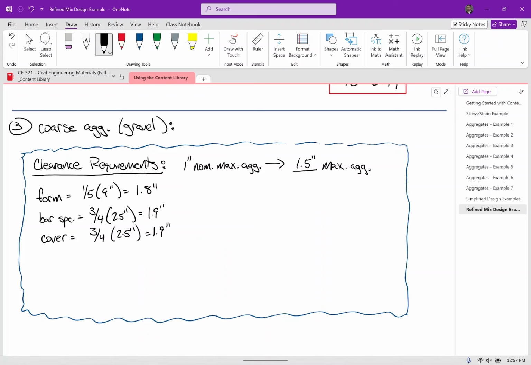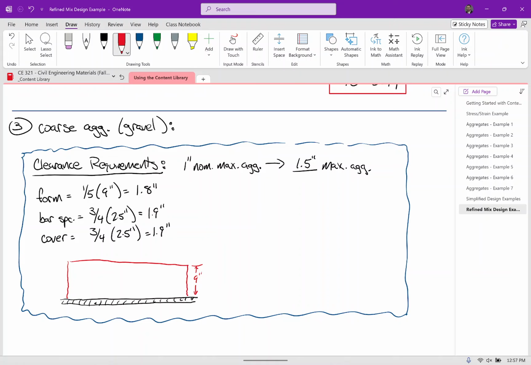So, just to be clear, here's what's going on. Let's say this is our plywood, and this is our concrete slab, so it's 9 inches thick.